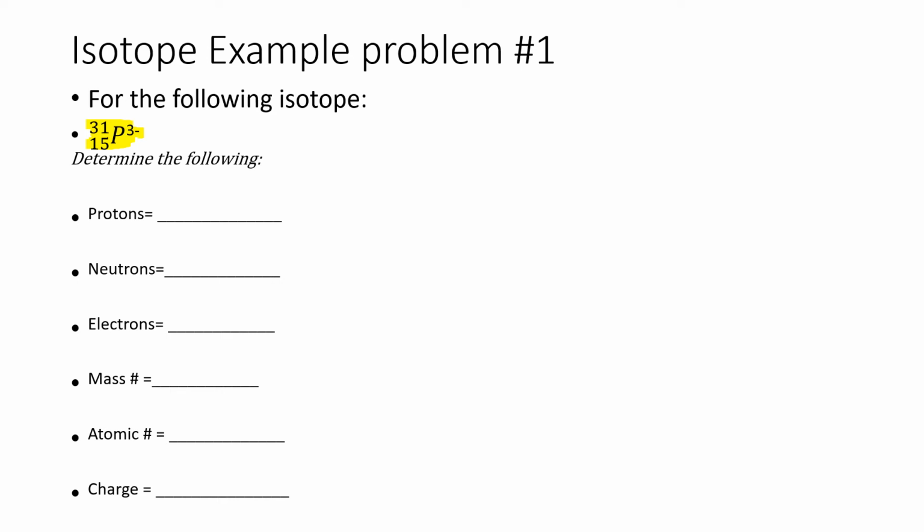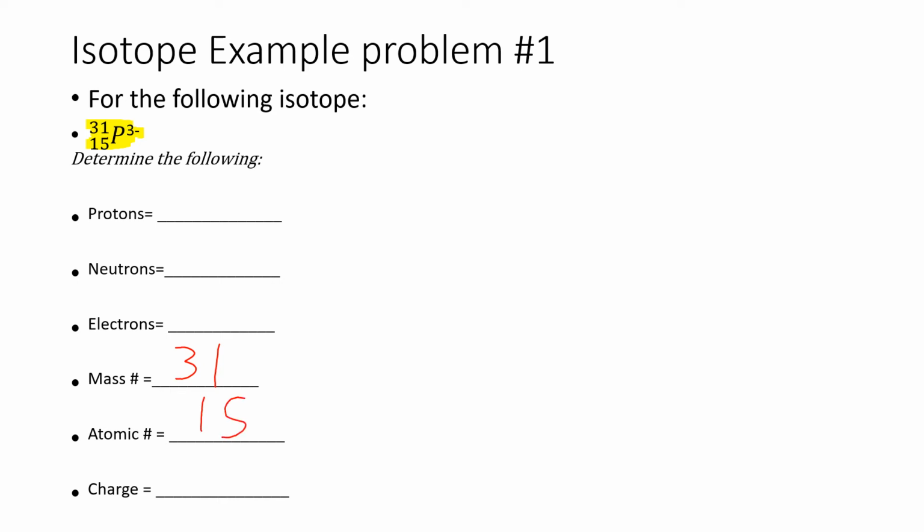So when we look at that isotope, what's that mass number? Well, that upper left-hand number is 31. That means our mass number is 31. Where's the atomic number located? Well, we know the atomic number is located in that lower left-hand corner. What do we see in that lower left-hand corner? 15. Well, that means our atomic number is 15.